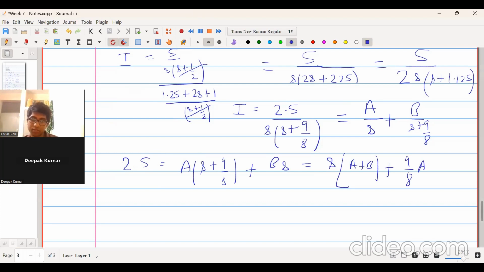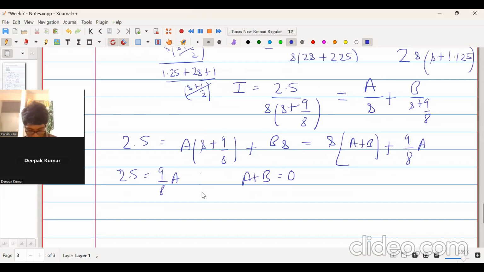So equating the terms, we get 2.5 is equal to 9 upon 8 A, and A plus B is equal to 0. Any doubts in this? The S times A plus B. A S plus 9 by 8 plus B S. We take S common, right? S common.